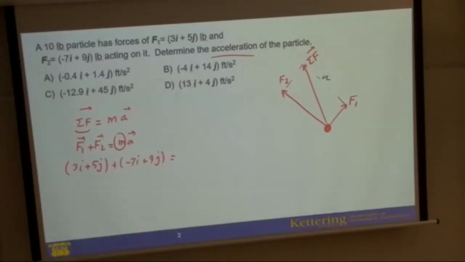What is the mass of the particle? How much is the mass? 10? No. It's the weight of the particle, not the mass.